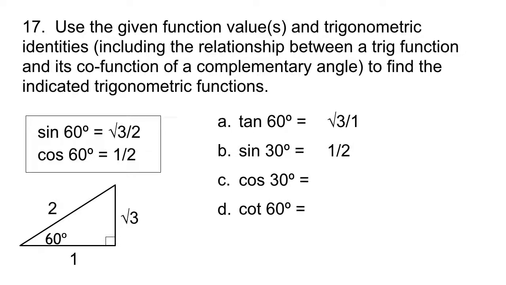The cosine of 30 degrees is the same thing as the sine of 60 degrees, so square root of 3 over 2. And the cotangent of 60 degrees is the reciprocal of the tangent of 60 degrees. Again, you would want to rationalize that denominator. That expression becomes square root of 3 over 3.